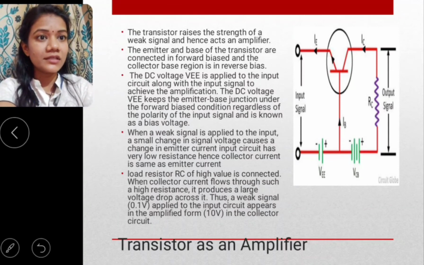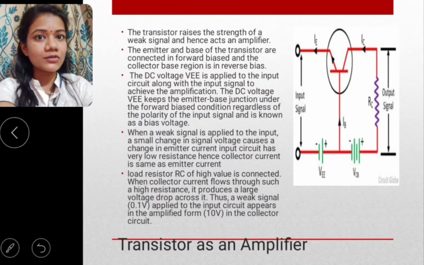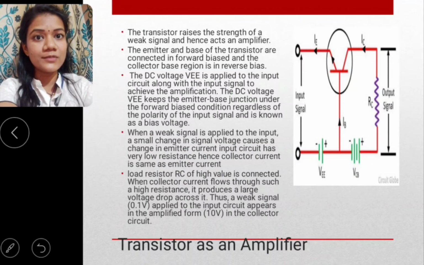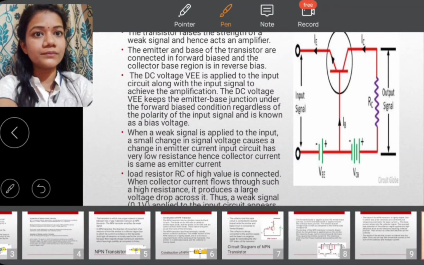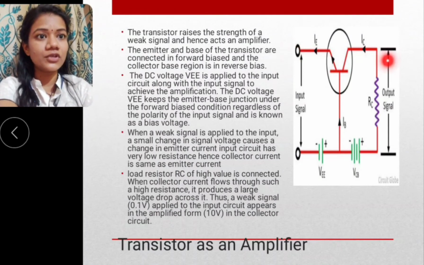So this is the circuit in common base configuration. Common base means your base is common, then here it's your emitter terminal and this is your collector terminal.